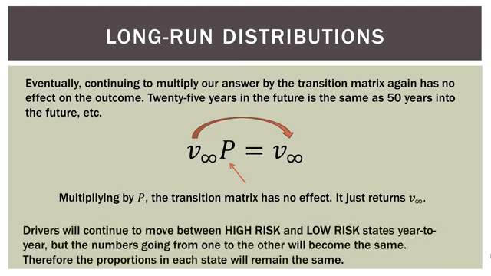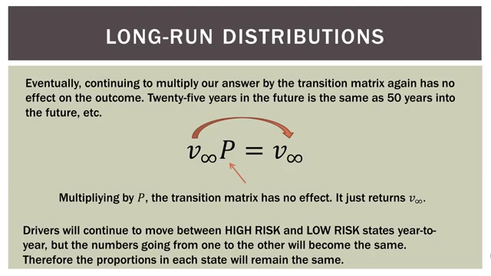So in our auto insurance, we said that the way to interpret this is that drivers, way into the future, will continue to move between high risk and low risk from year to year. But what's going to happen is the numbers going from one to the other and back and forth will become the same. Therefore, the proportions in each state will remain the same.